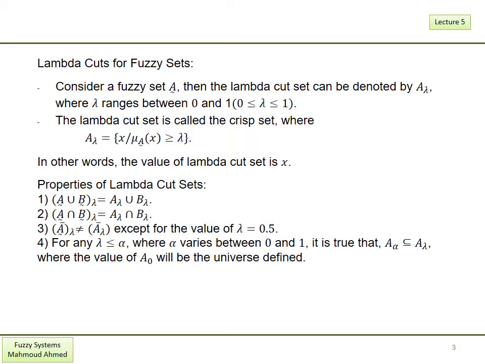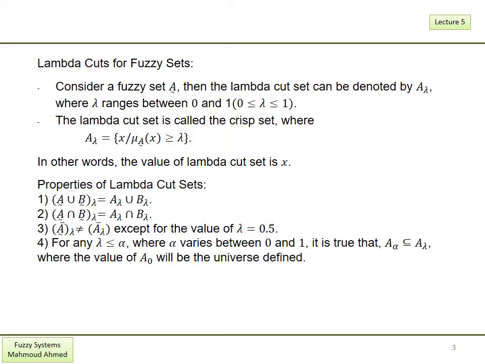So by considering a fuzzy set A, the lambda cut can be denoted as A suffix lambda, where lambda ranges between 1 and 0. As we said before, for a fuzzy quantity, the quantity can be described in a given range, not an absolute value as for a crisp quantity.